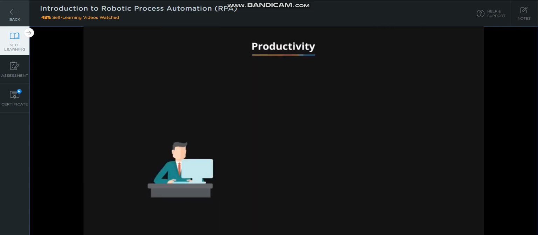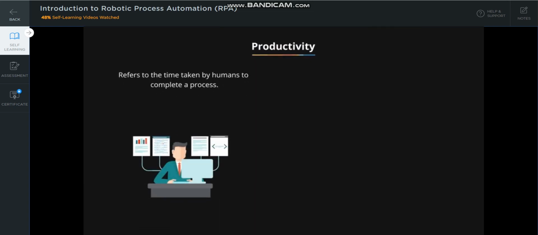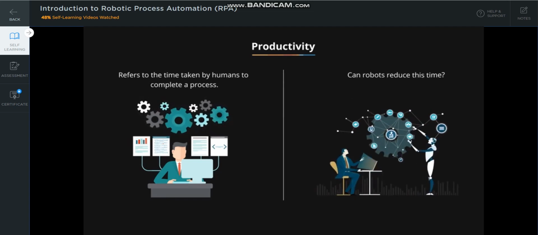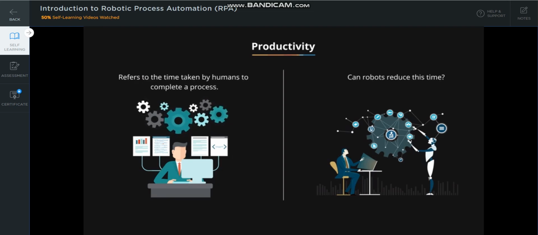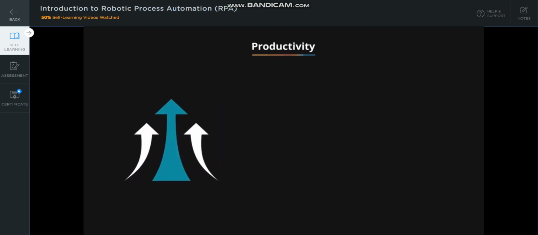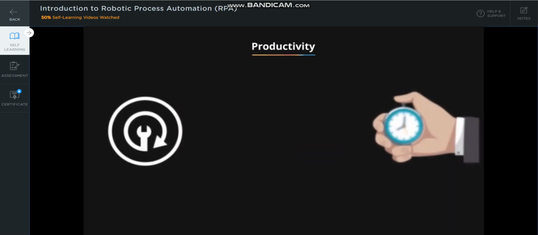How much time do human employees interact with technology to make a process happen? How much of that time have the robots shaved off that process? Most companies can expect an average of 70% reduction in manual work through a successful RPA deployment. Robots cut down time for repetitive tasks.